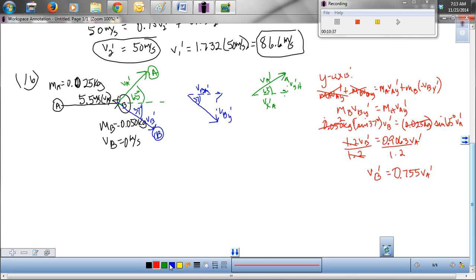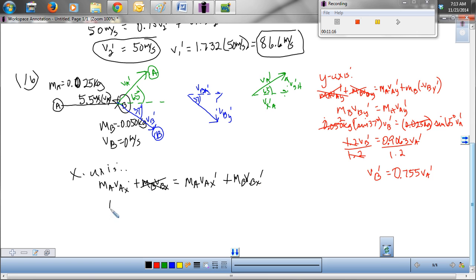Alright, so that helped me. Now I need to go back and do the x-axis. So now I have MA VAx plus MB VBx, oh, these are not primes. So that equals MA VAx prime plus MB VBx prime. This is 0.